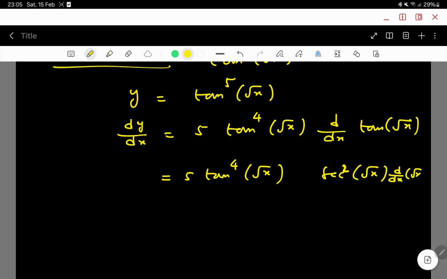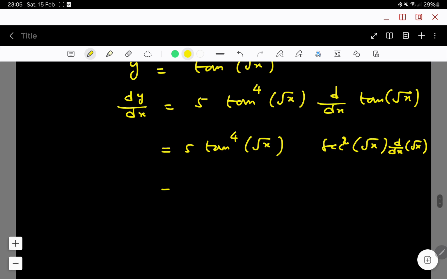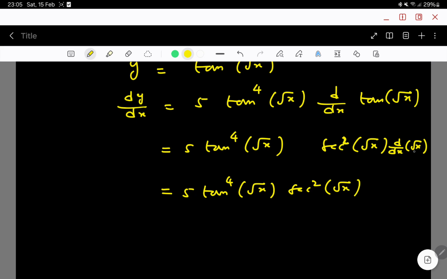So I write in steps. Next step I am differentiating root x. Differentiation of root x is 1 by 2 root x. That's all.